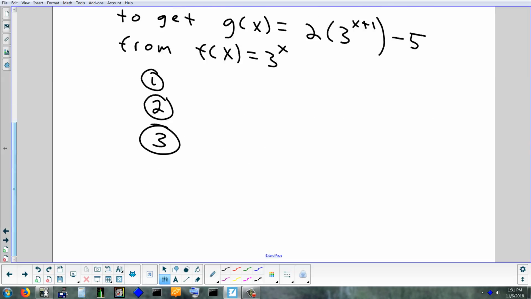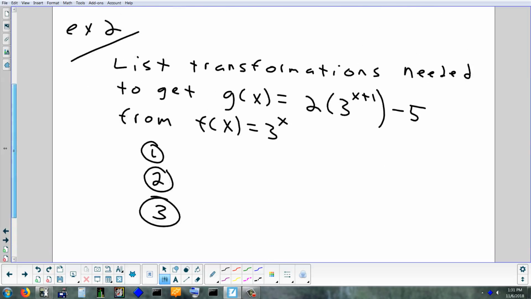So I'll write them down. Now, I don't want to know what the transformation is, but can someone just tell me what number I am going to focus on first to figure out the transformation? I have the 2, the 1, and the negative 5. I just read them in order left to right.